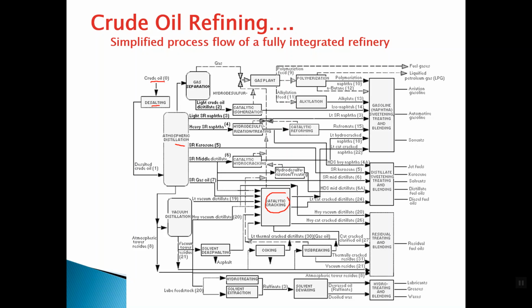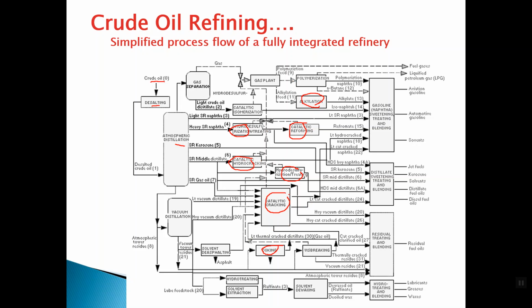Cat cracking, hydrocracking, hydrodesulfurization, okay, cat reforming, okay, more hydrodesulfurization, a lot of sulfur in here. Alky, that's going to be a reaction. Coking, that's a reactor that we have there. Okay, all these parts in here that I circled are going to be part of chapter 14.